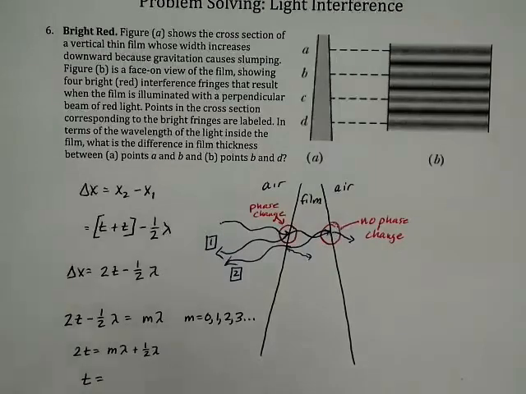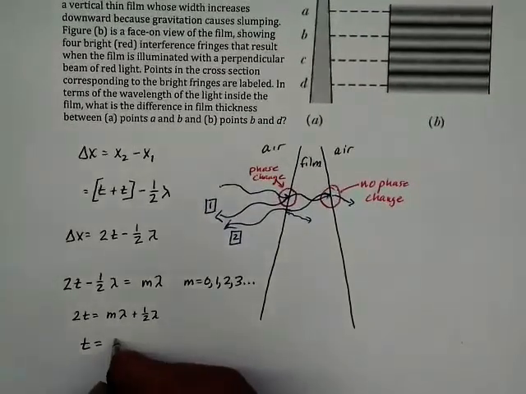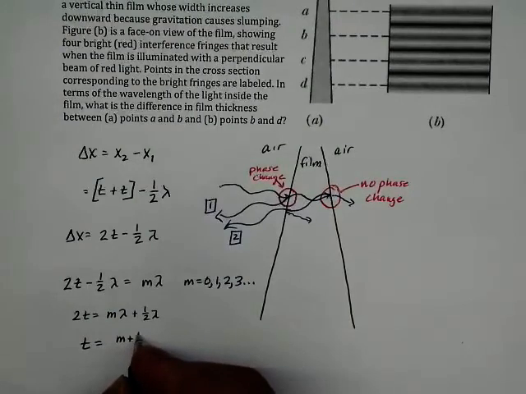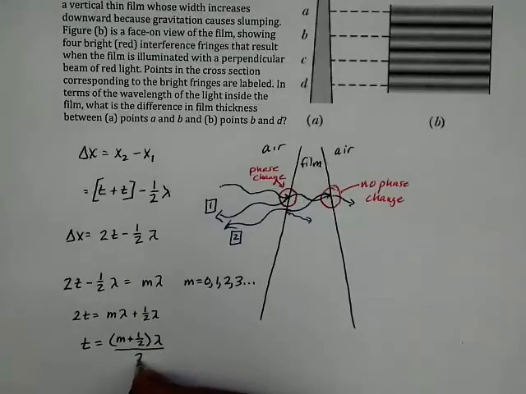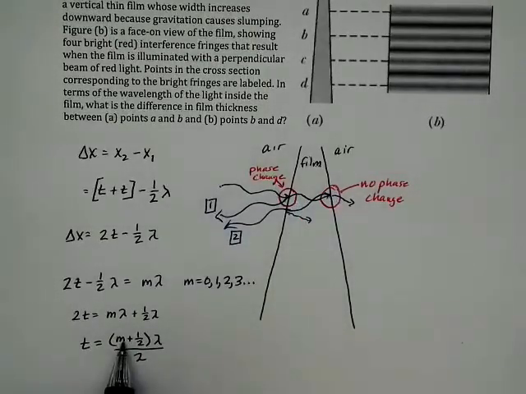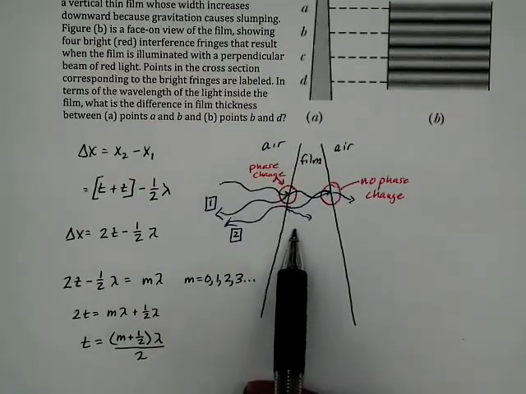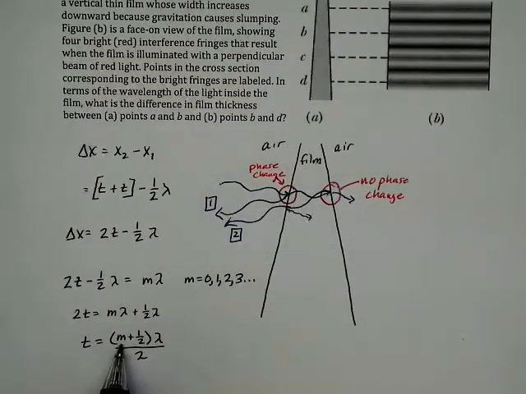And that means the thickness is ultimately some integer number plus a half number of wavelengths divided by 2. So if where A was, m was 17, then at the next point where B was, m would be 18 to meet this condition. And because of this 2 down here, the difference in the path length is going to be a half of a wavelength.